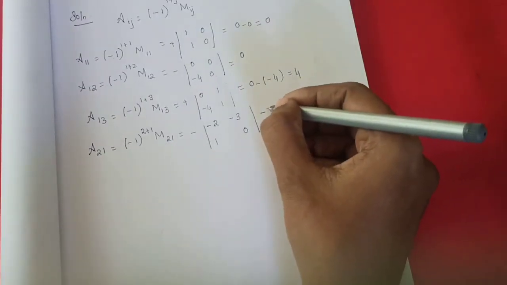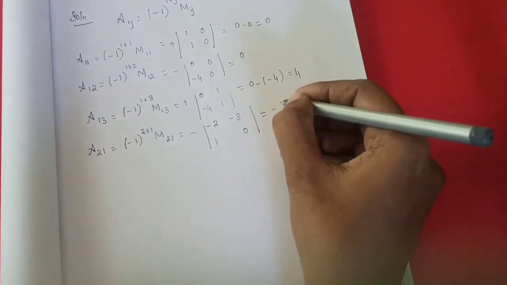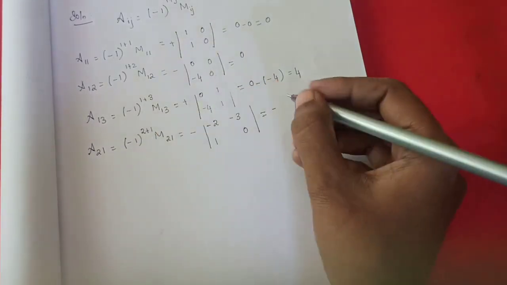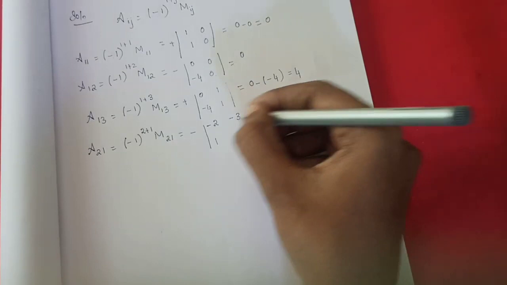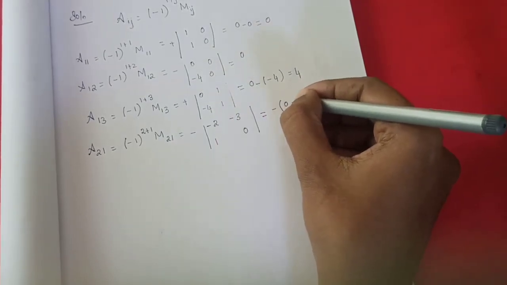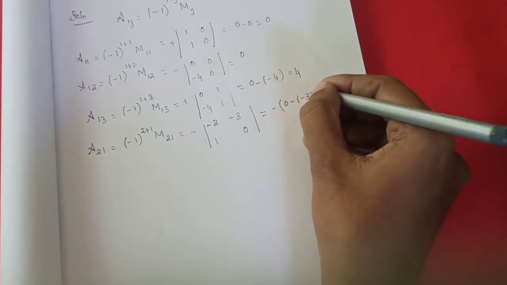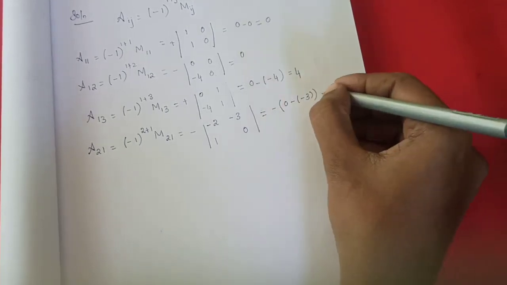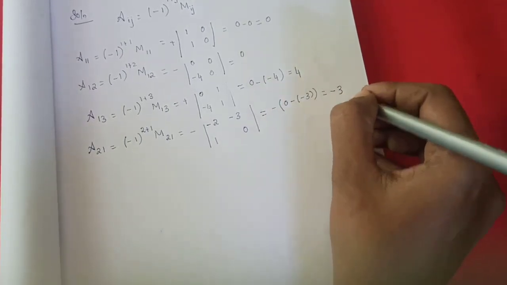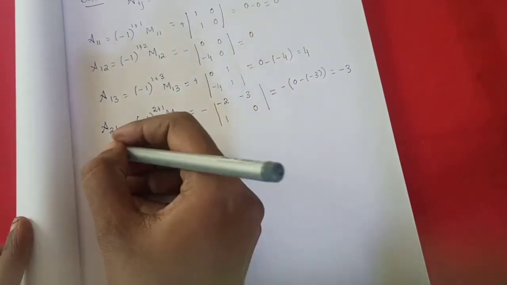So what will you get? Minus will get. 2 into 0 is 0. Minus of minus 3, so here minus into minus, plus, here on minus. That's equal to minus 3. Very carefully you need to do the symbol only. You will make a mistake.